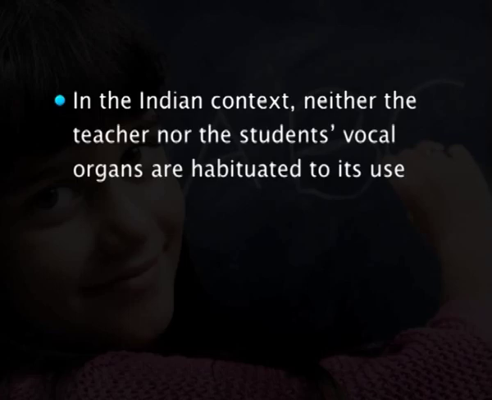We were talking about a number of teachers opting to aim at reaching received pronunciation for their learners. However, we will avoid practicing discrete sounds of RP for a number of reasons. In the Indian context, neither the teacher nor the students' vocal organs are habituated to its use.